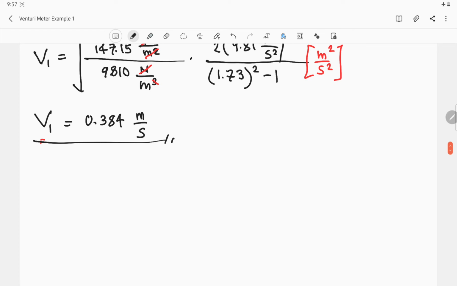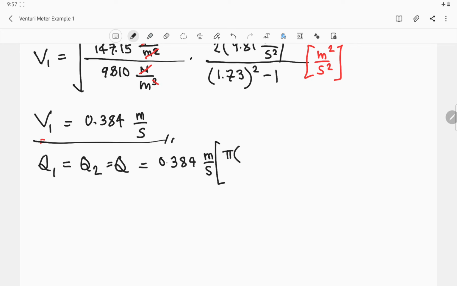We can now solve for the Q1, which is equal to Q2, or simply Q is equal to 0.384 meters per second multiplied by the area. What is the area?